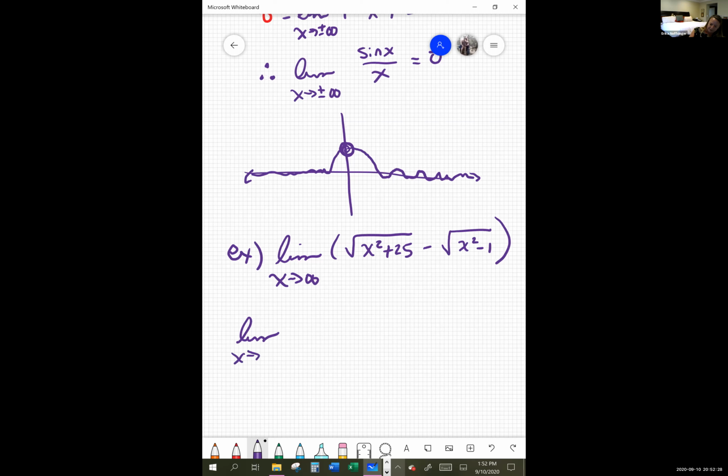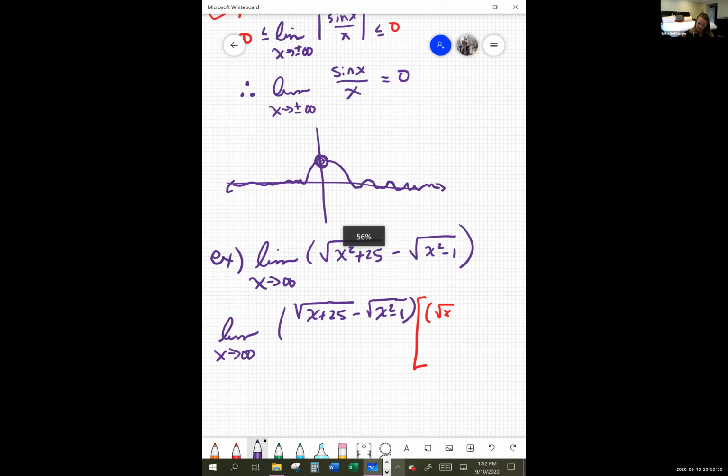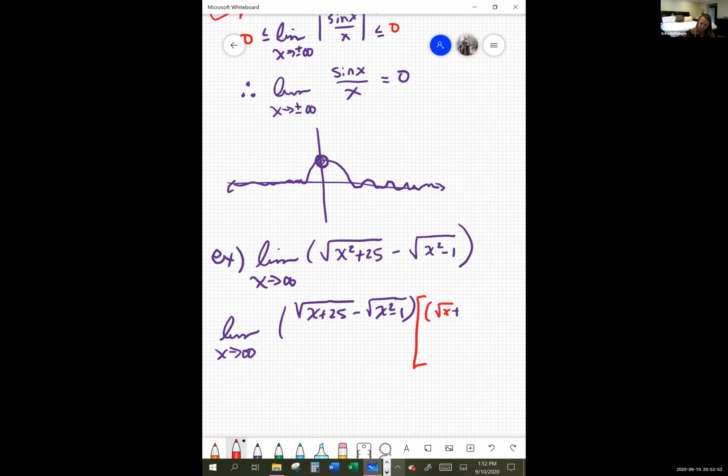As x approaches infinity of the square root of x squared plus 25 minus the square root of x squared minus 1, we're going to multiply this all by the square root of x squared plus 25 plus the square root of x squared minus 1.